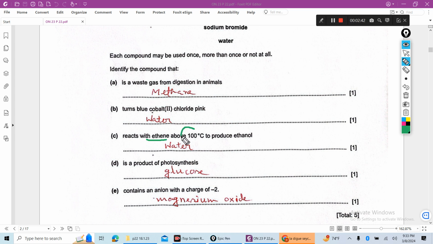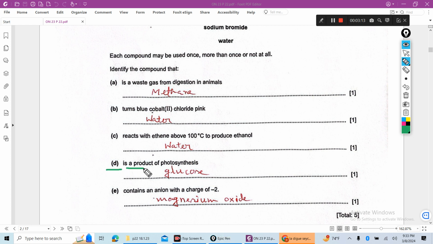So above 100 degrees centigrade, water becomes steam. So ethene reacts with steam, I mean water gas, to produce ethanol.